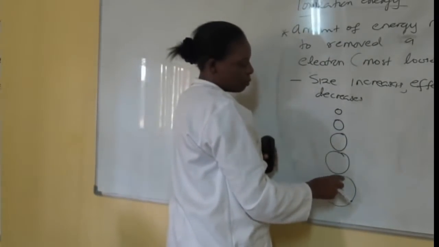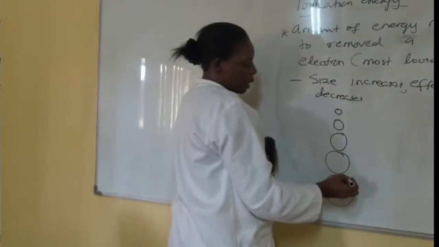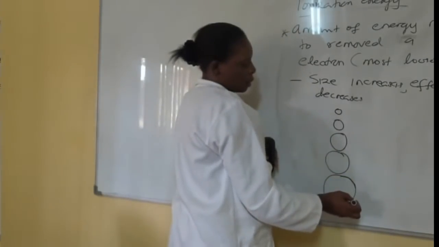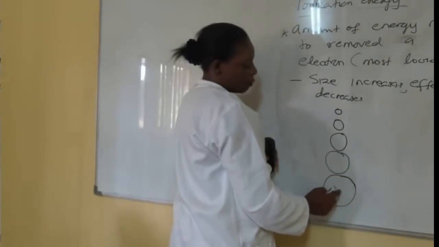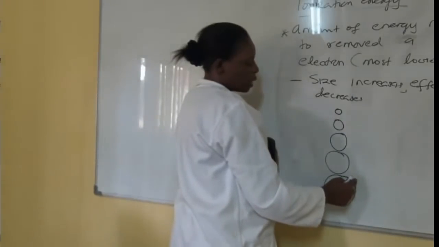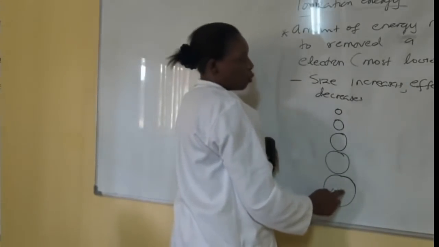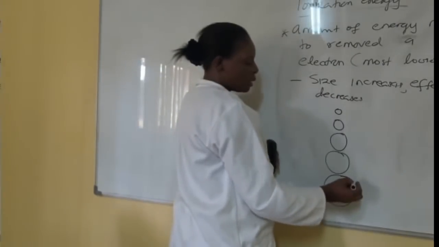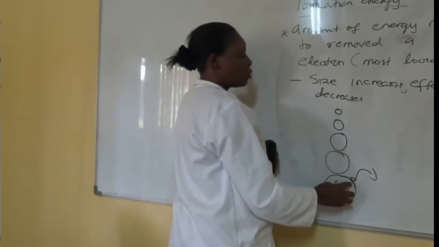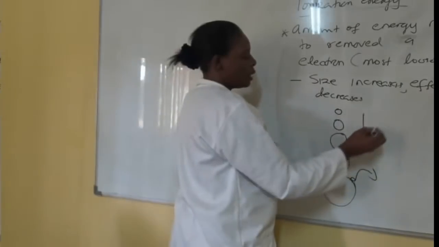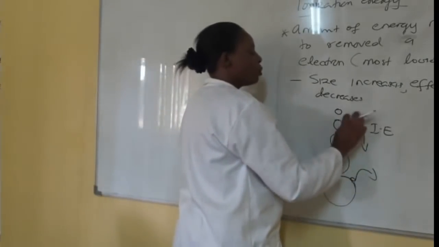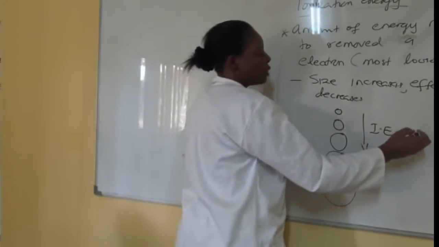The force of attraction between the nucleus and the electron in the valence shell will be less, and since it is less, it is easy to remove this electron. Therefore, ionization energy decreases as you move from top to bottom.